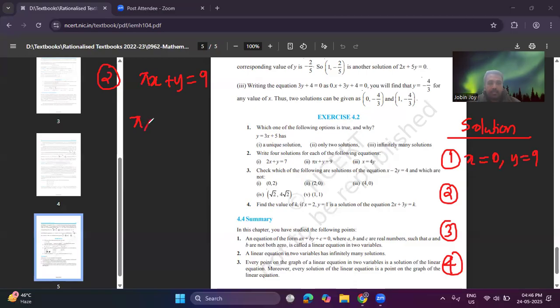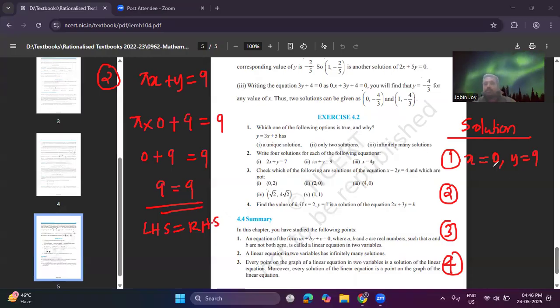So that means pi into x, which is 0, plus y is 9 equal to 9. What is pi into 0? 0. So 0 plus 9 equal to 9. So 9 is equal to 9. So LHS equal to RHS. So x equal to 0, y equal to 9 is a solution of the second equation.